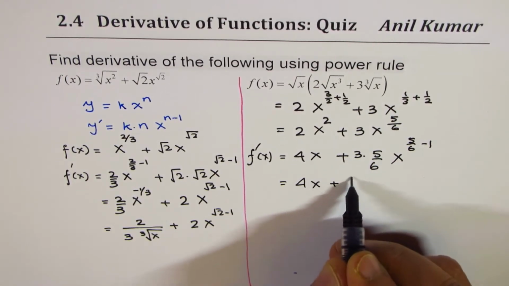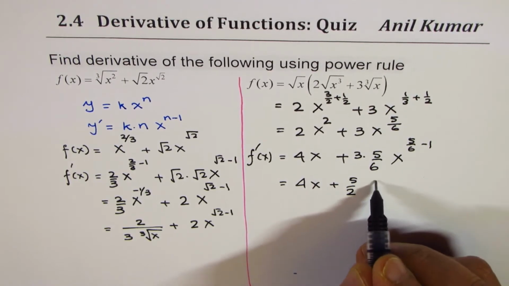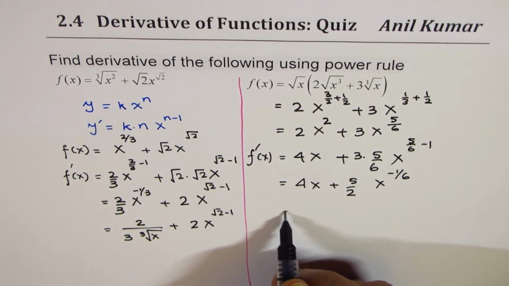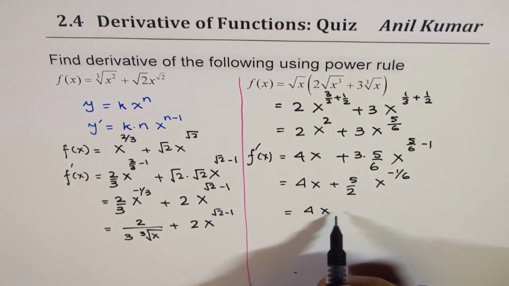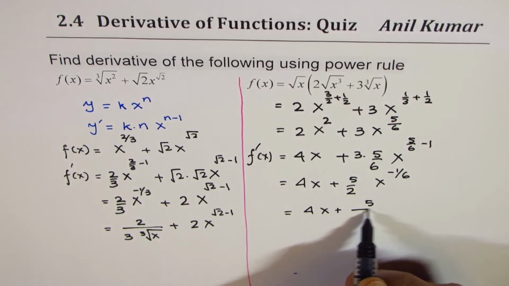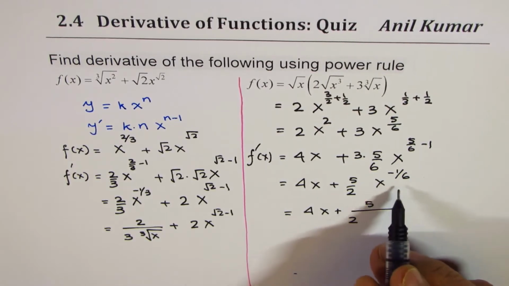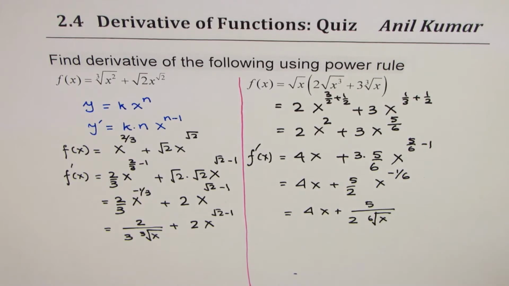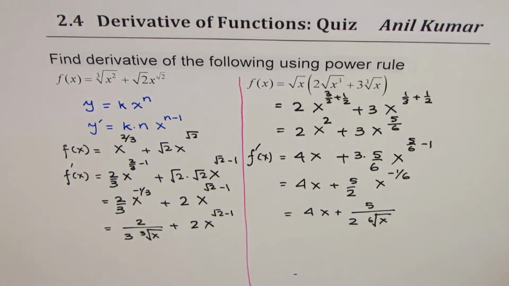Simplify this to get 5 over 2, x to the power of minus 1 over 6, which is 4x plus 5 over 2 times 6th root of x, right? So that becomes the solution or derivative of the second function, correct?